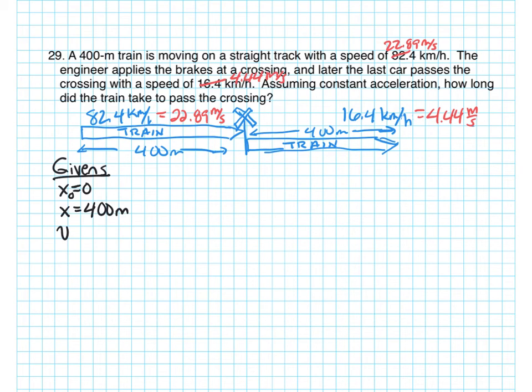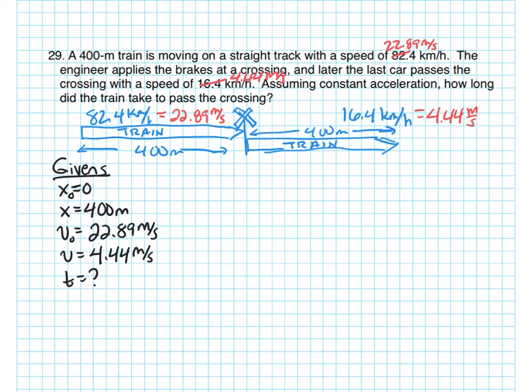We know the initial velocity is equal to 22.89 meters per second. Final velocity is equal to 4.44 meters per second. I want to know how long the train takes to pass the crossing. So that's a time that I'm looking for.